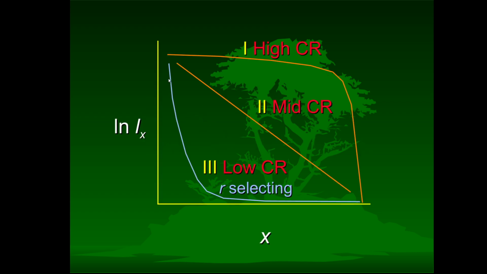And all of this can be expressed in terms of the life table survivorship curves. In that R-selecting habitat, if you allocate your resources into fast reproduction, then you're not allocating resources into maintenance and survivorship. Therefore, your survivorship should generally be low in R-selecting species and habitats.